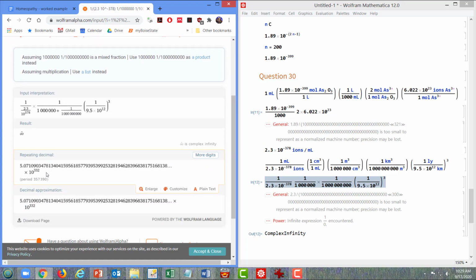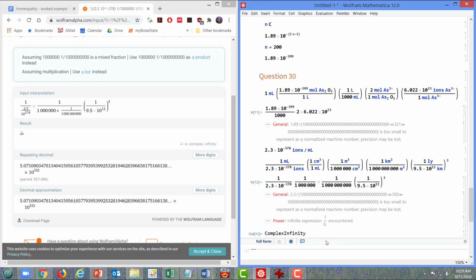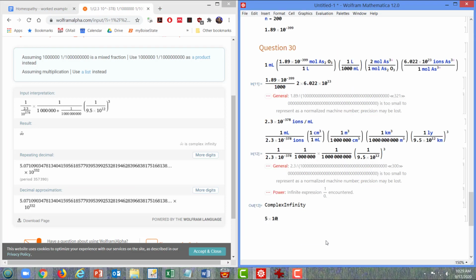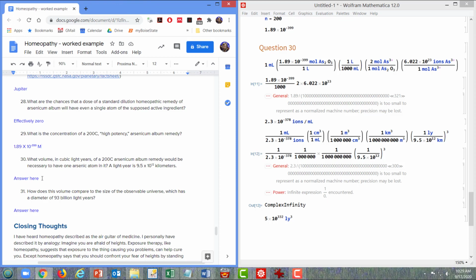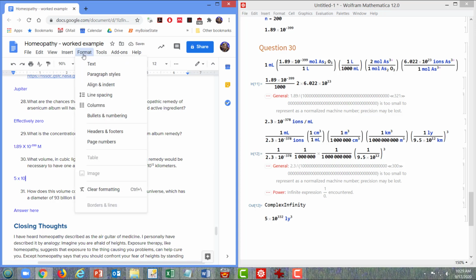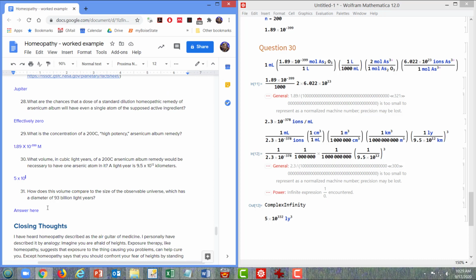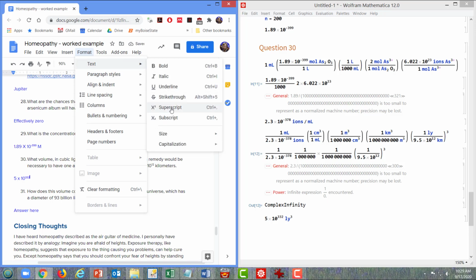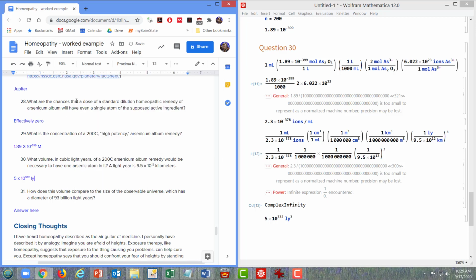And we get 5 times 10 to the 332 cubic light years. Oh, no. Cubic light years.